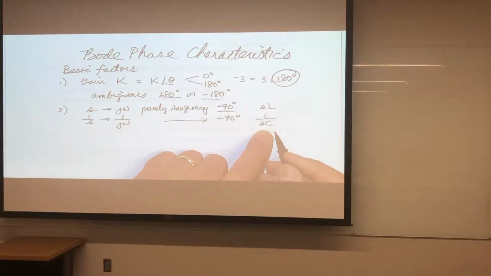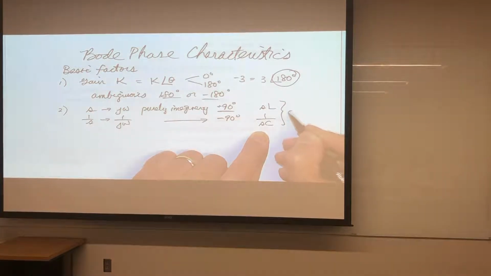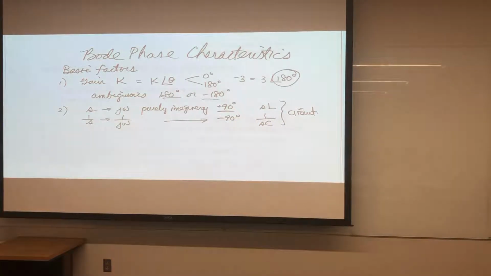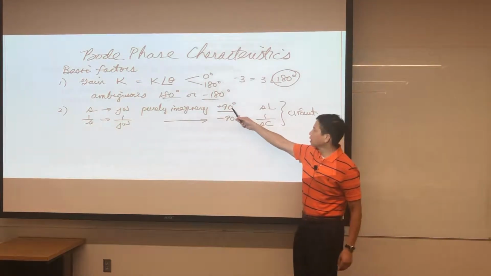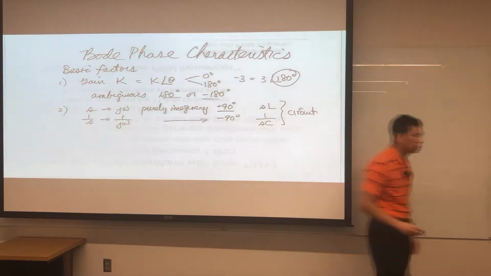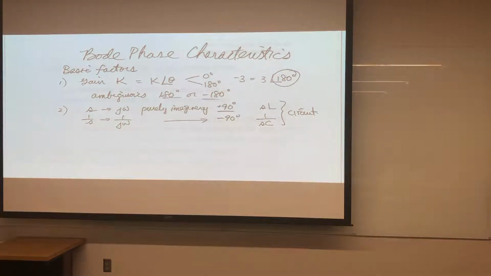The voltage lags the current by 90 degrees. So this is from circuit analysis. You may remember that for sinusoidal currents, there's this plus 90 degrees and minus 90 degrees characteristic for inductors and capacitors. So that might help you remember the phase for this.